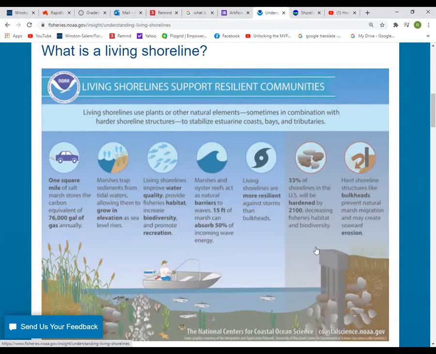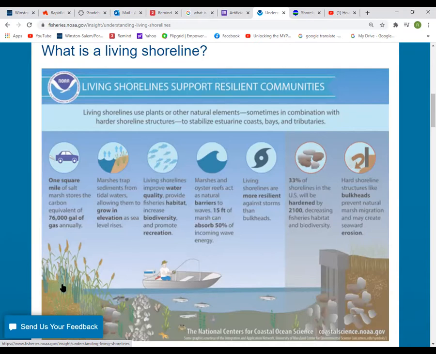Many of our shorelines have been converted to something like this, and they have their benefits, but also their disadvantages when it comes to biodiversity.